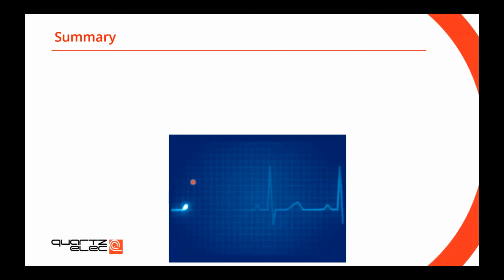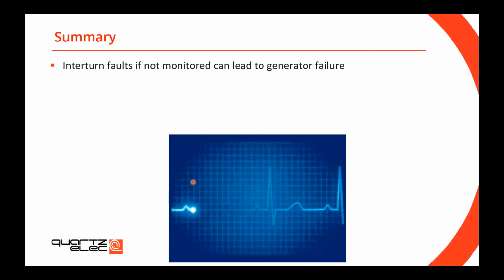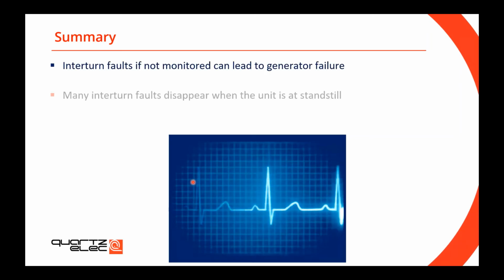And the last slide, just a quick summary. Well, we said that interturn faults, if not monitored, can lead to generator failure. And we showed you just a few examples of that happening. Indeed, if you have an interturn fault, it's always good to know where the fault is, so you can perform a proper technical risk analysis, and then continue with the maintenance regime.